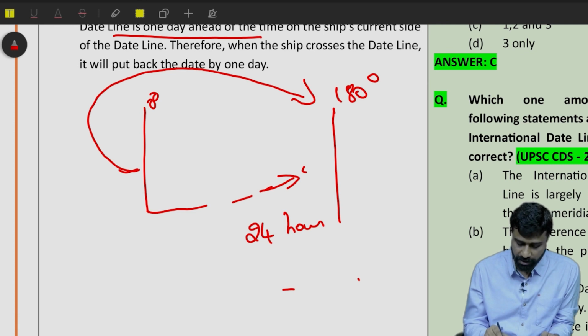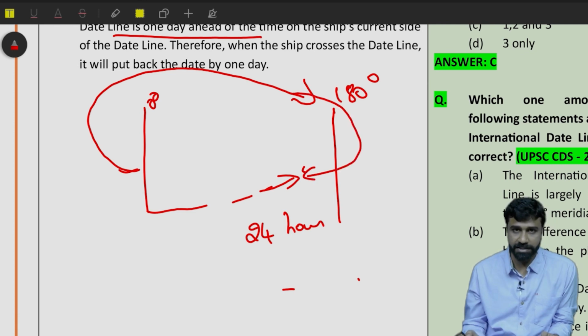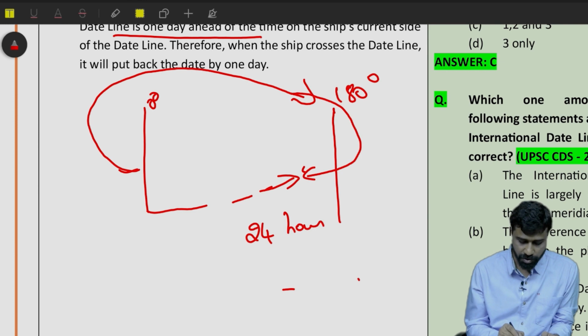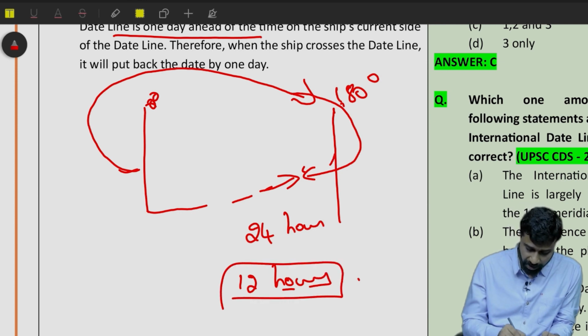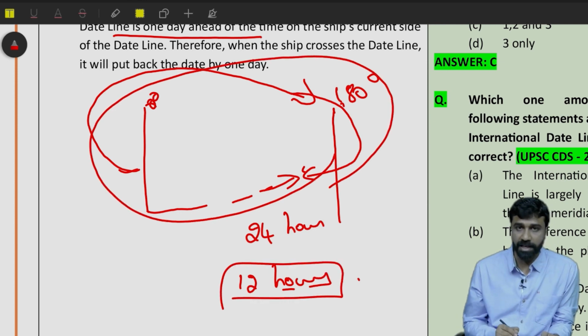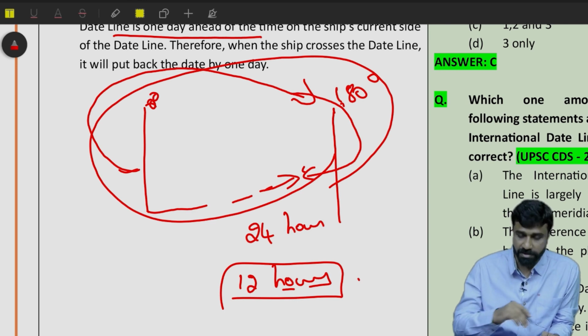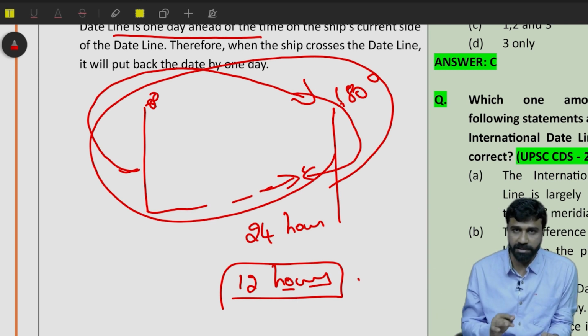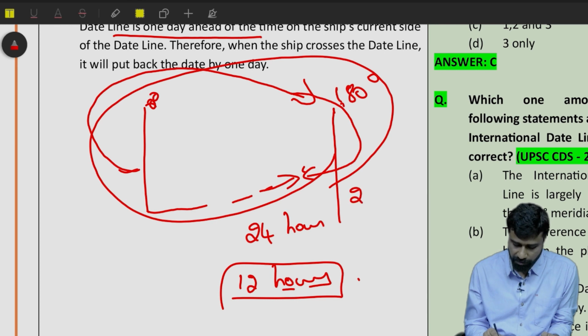If you cross this 180 degrees, your date will change. Simple. So between 0 degrees and 180 degrees, you have 12 hours of variation. Going around 360 degrees, you have 24 hours variation.